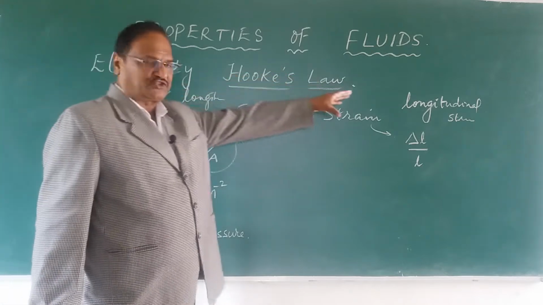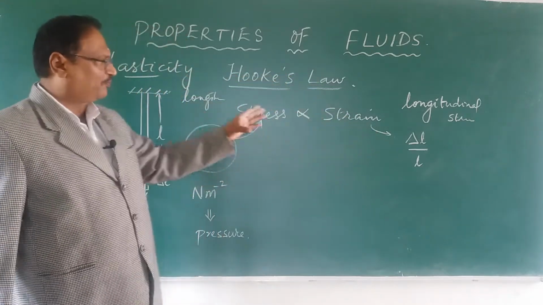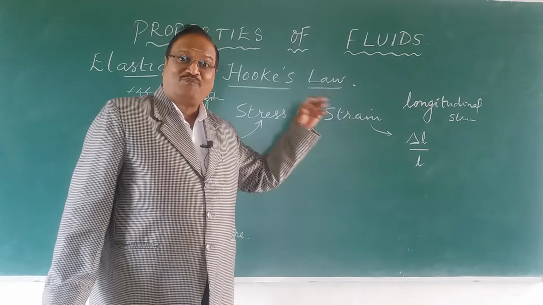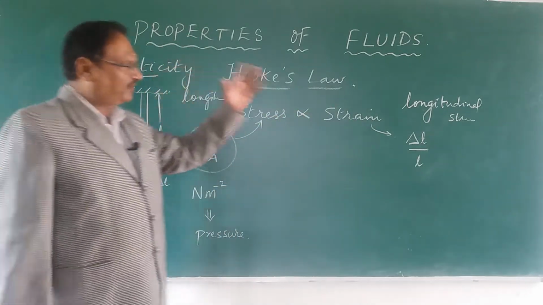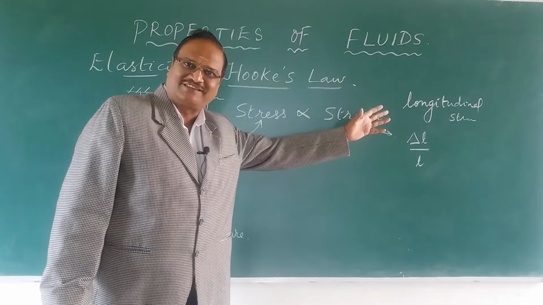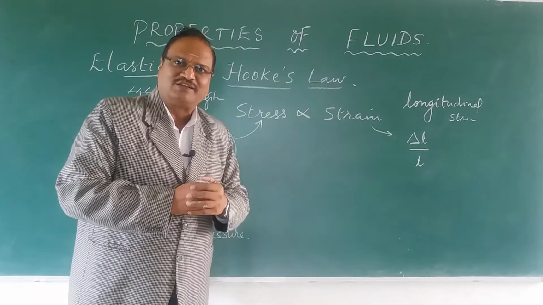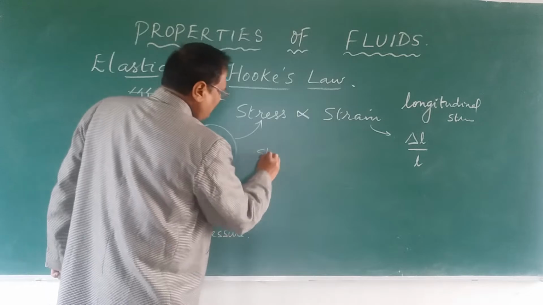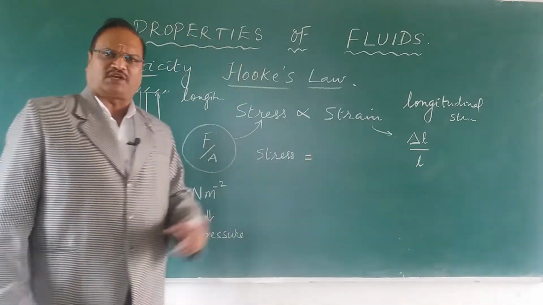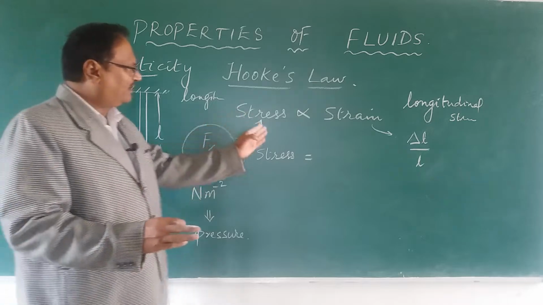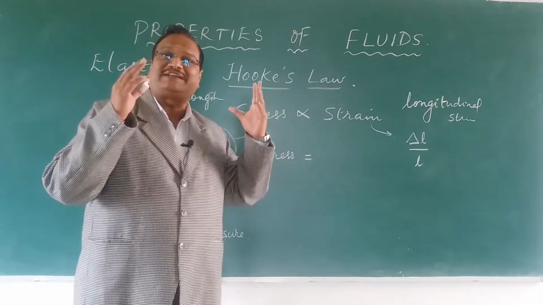Stress is proportional to strain. The more the deforming force, the more the strain, or change in the length with respect to the original length. So stress is proportional to strain. We don't know when one rises, the other will rise by how many times.